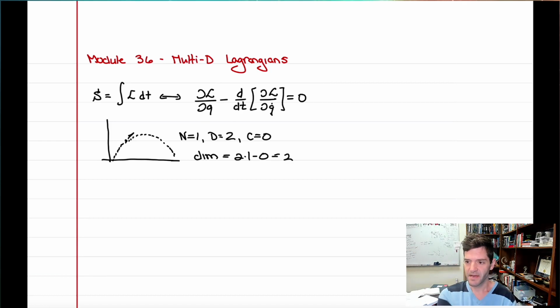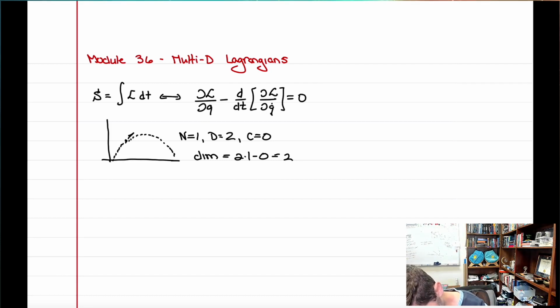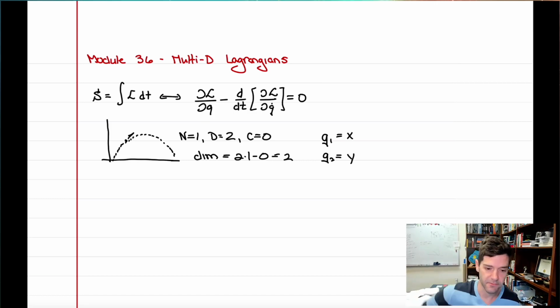I should expect to be able to write the entire configuration of the system, in this case a ball being thrown into the air, but it requires 2 coordinates. So I can't just have a q, but I expect to have a q1 and a q2 that can label my system. The natural choices in this case might be x and y.